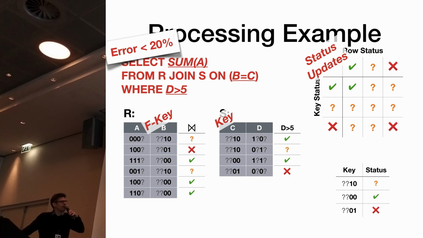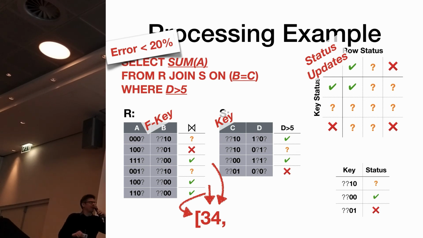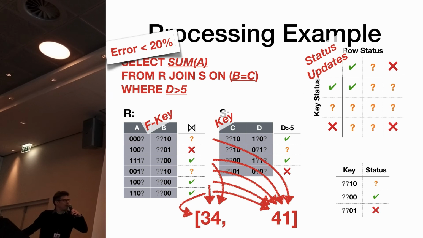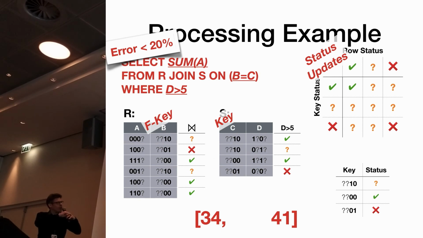In order to calculate the lower bound of the sum aggregate, we sum up over the lower bounds that we get for the value ranges in the aggregation column A, considering only those rows for which we are certain that they join with some rows in S. In order to calculate an upper bound, we consider the upper bound of the value ranges in the aggregation column, and we consider all rows that certainly or possibly join with a tuple in S. Now that gives you a lower and an upper bound on the sum over A, the result of this query, and we are guaranteed that the true value is contained within those bounds.